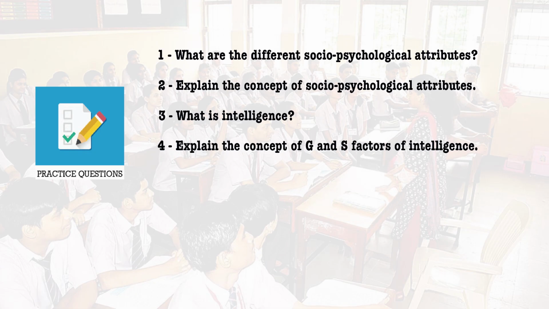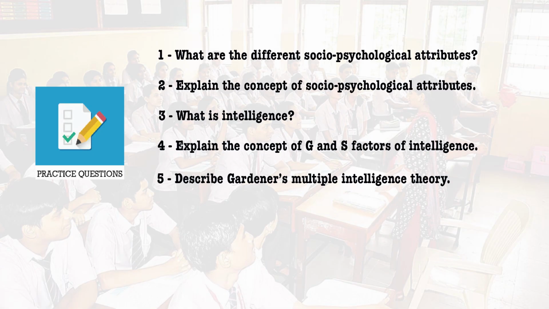Then explain the concept of G and S factors of intelligence. What is the concept of G factor and what is the concept of S factor? What is the general factor, which is universal in the individual, and what is the S factor, the specific factor, our willingness, our effort. Then further describe Gardner's multiple intelligence theory. I was just talking about the different types of intelligence and their implications, and further how intelligence can be measured.